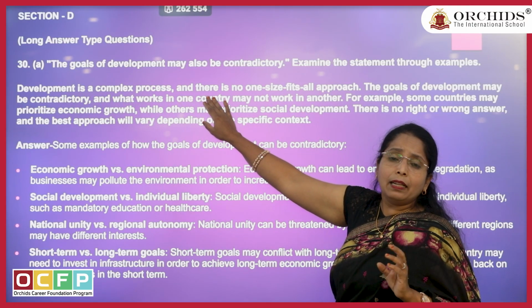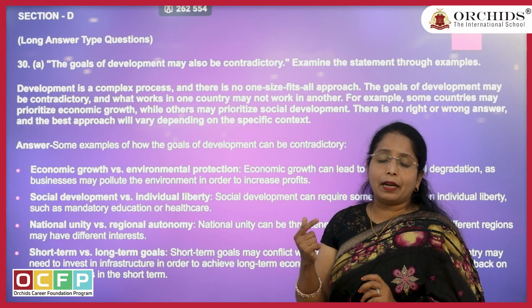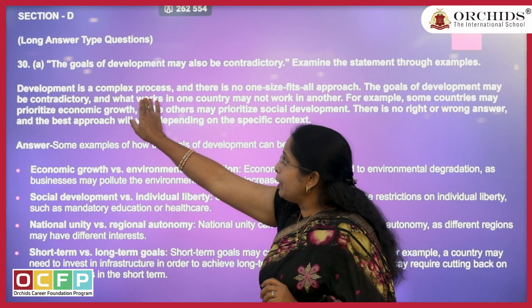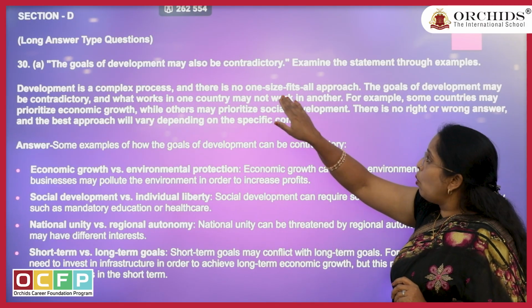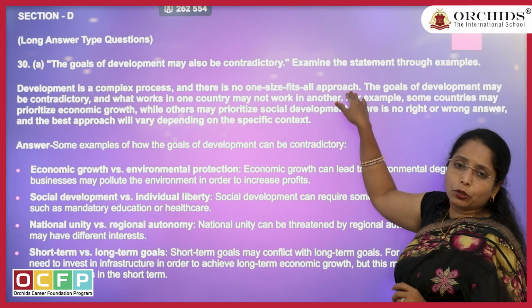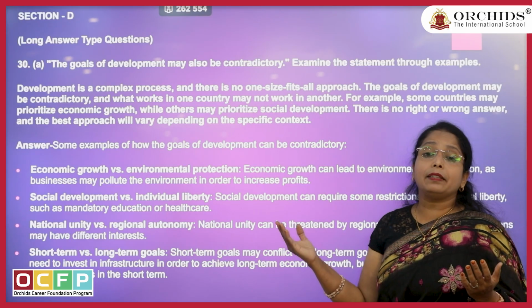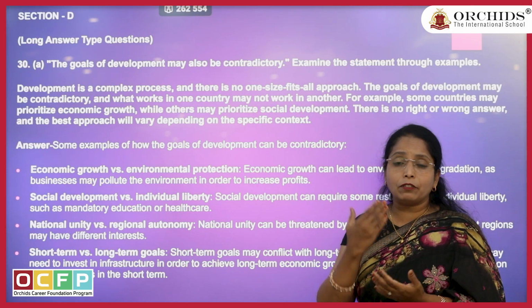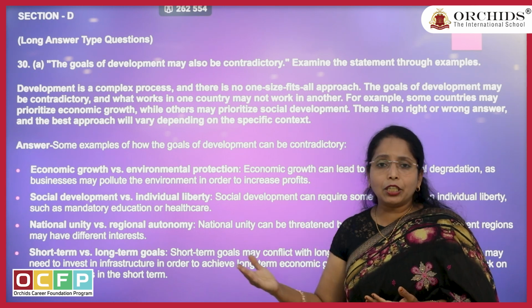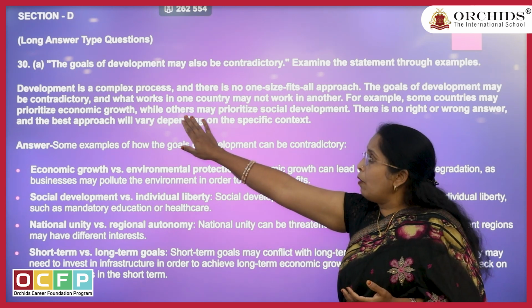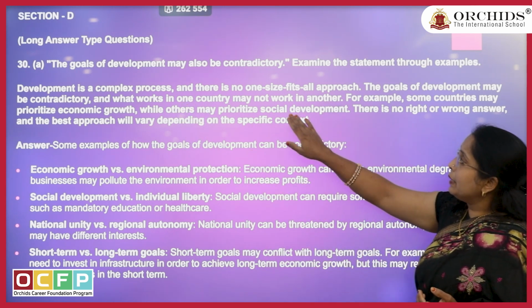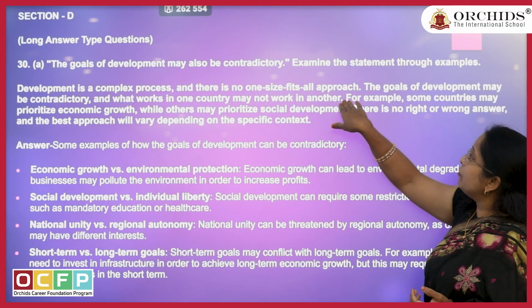It's not so easy to get rapid development in a country or society. Yes, society is contradictory. Different types of people, different types of regions, incomes, production, expenditure. Altogether, development is a complex process where no one size fits all.